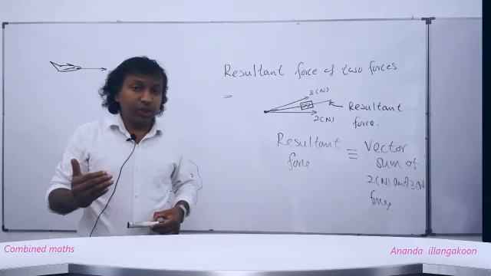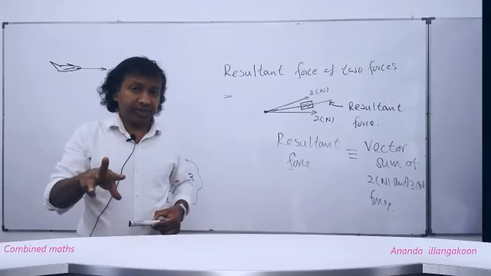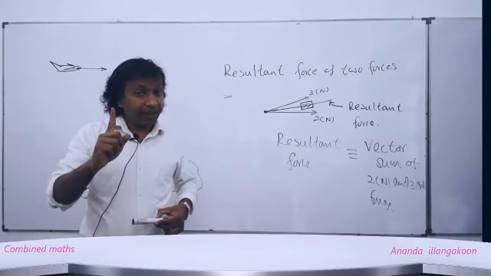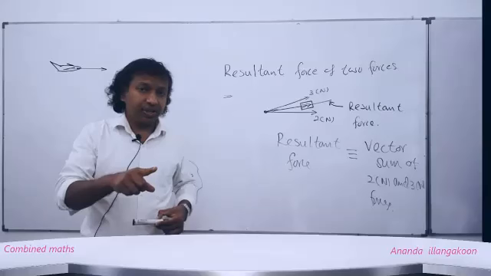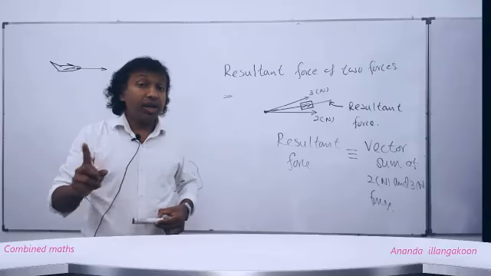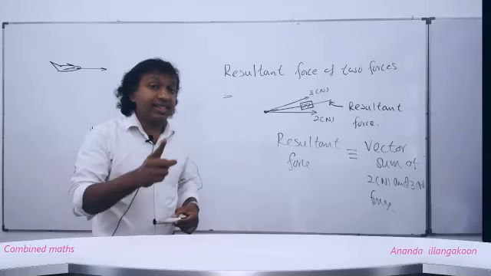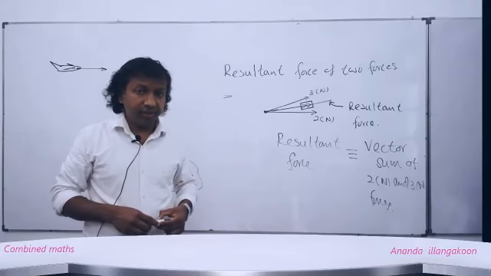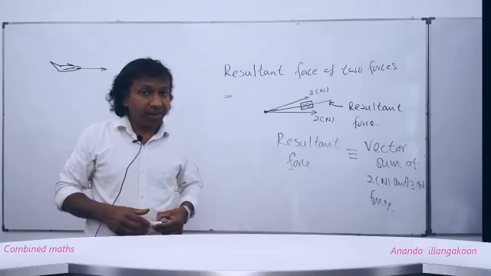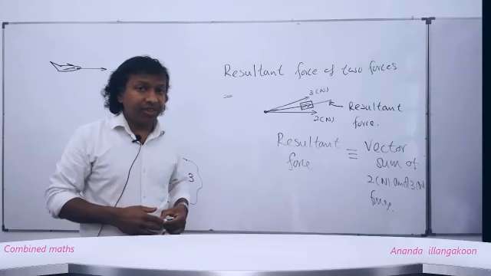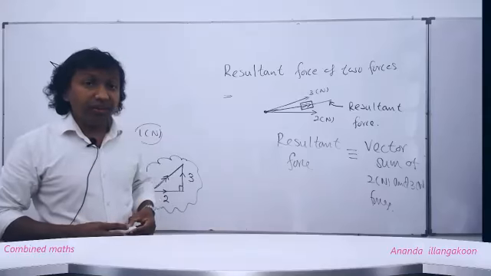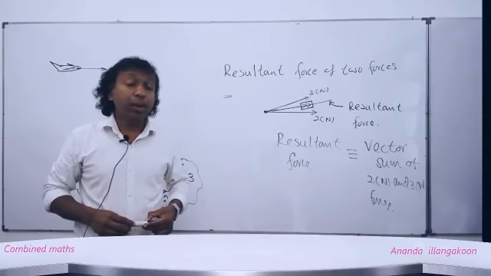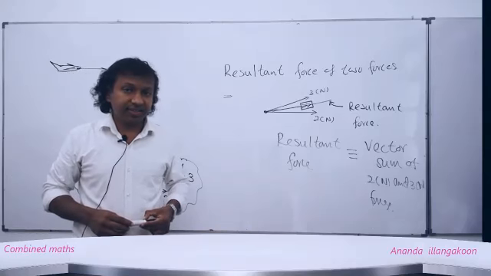When we need to add two vectors, we have to represent those two vectors in magnitude and direction by two adjacent sides of a triangle. Then by completing the triangle with the third side, we get the vector sum of those two vectors in magnitude and direction.